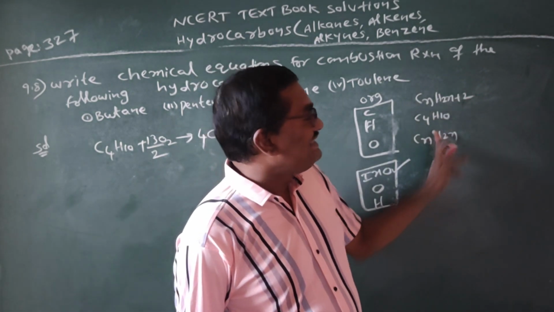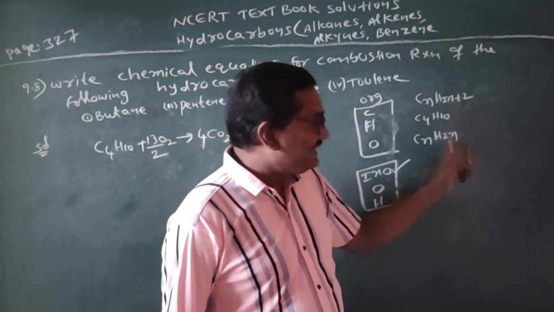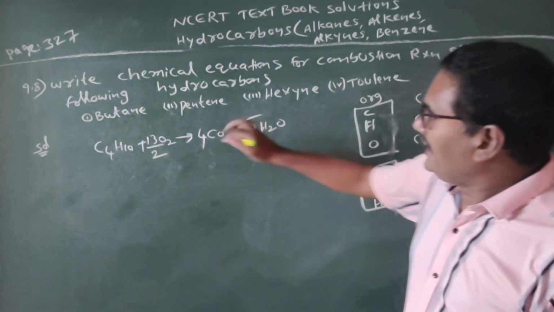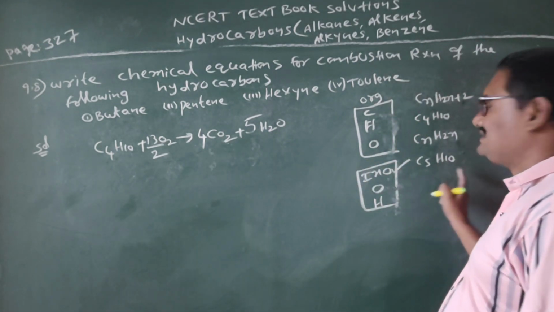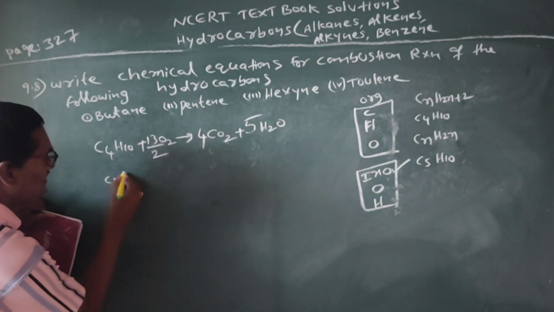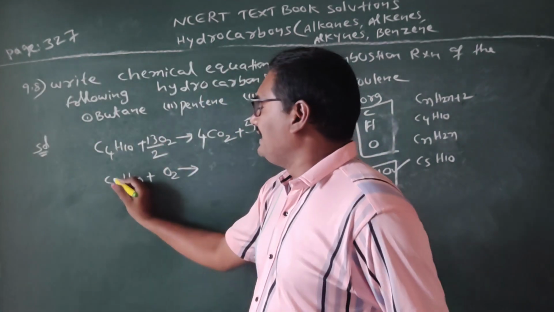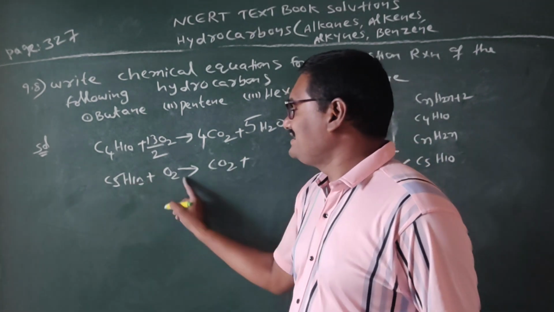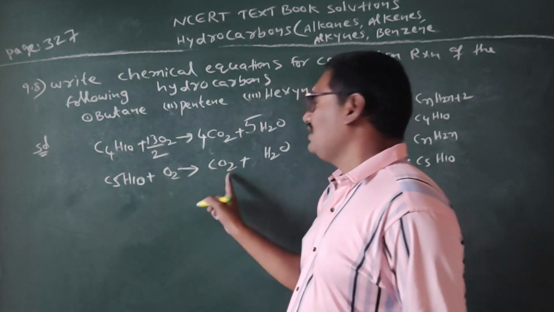Here pent means 5 carbons, so C5H10. So we will write the combustion reaction: C5H10 plus oxygen, then carbon dioxide CO2 plus water H2O.